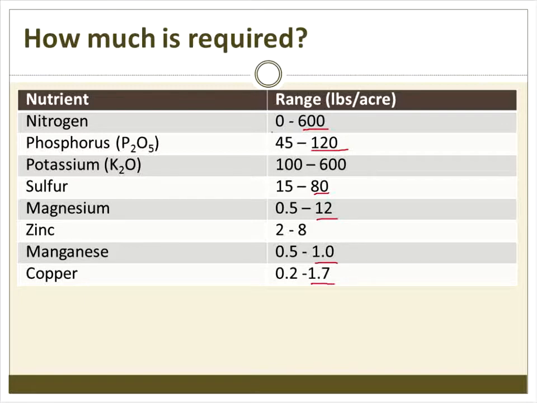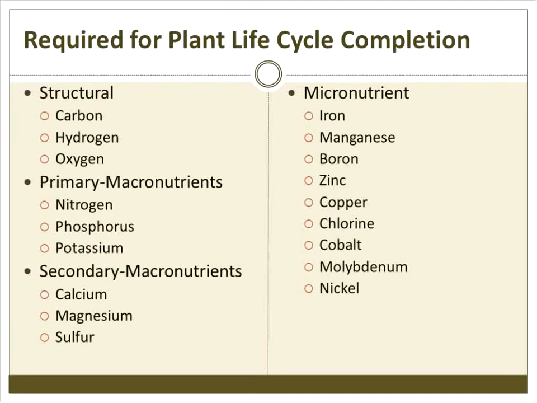And you can start thinking about nutrients that are needed in large amounts and nutrients that are needed in small amounts. Nutrients that are needed in macro amounts, nutrients that are needed in micro amounts. All right. So listed on this chart right here are all the different nutrients that are needed in order for a plant to complete its life cycle. You have things that are in the structure of the plant itself.